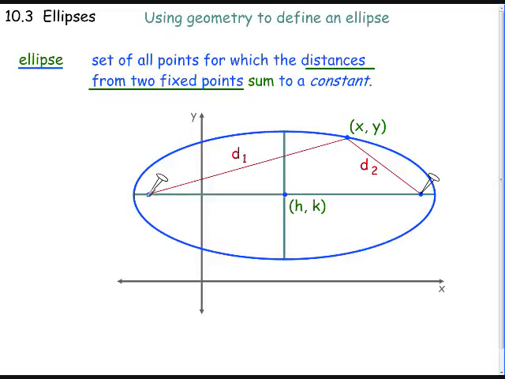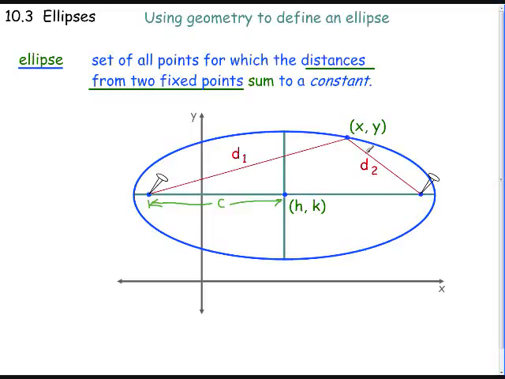We have one focus here and another focus here. They are the same distance from the center. Actually, we're going to call this distance, you'll find out later, we're going to call that distance c, from the center to the focus. And then we've got an ellipse.